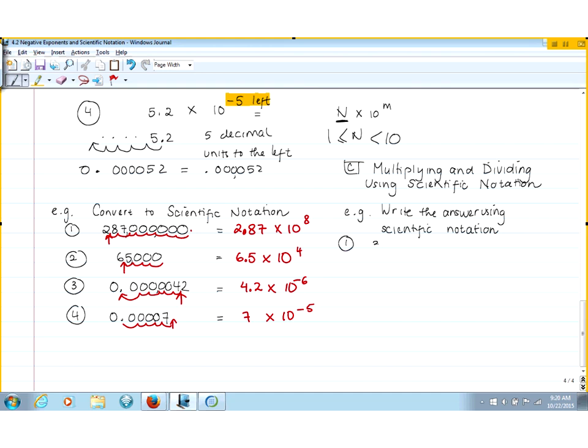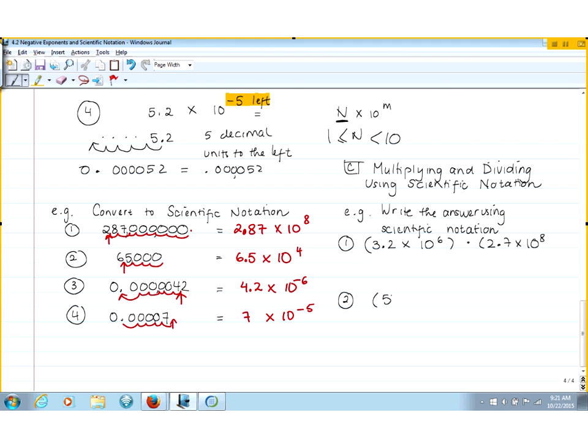Number 1, 3.2 times 10 to the 6 multiplied by 2.7 times 10 to the 8.